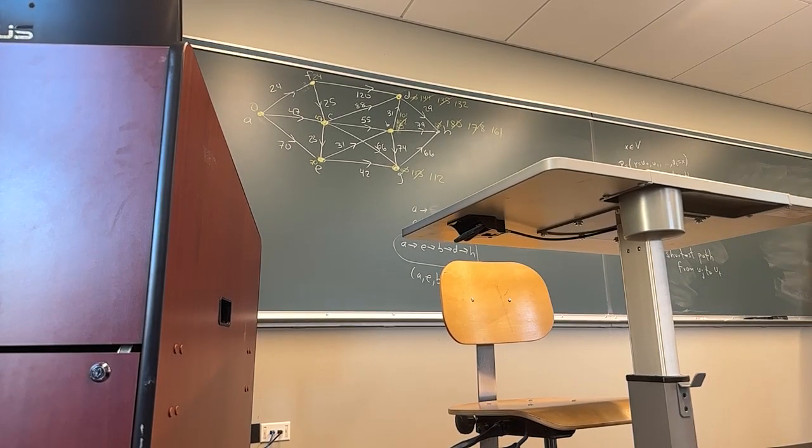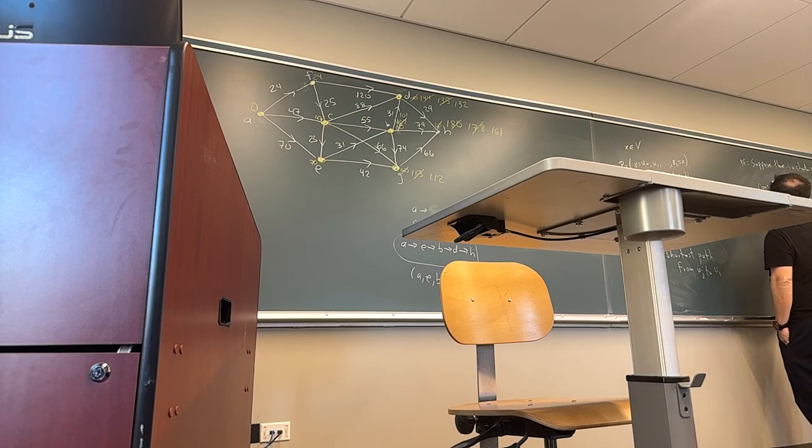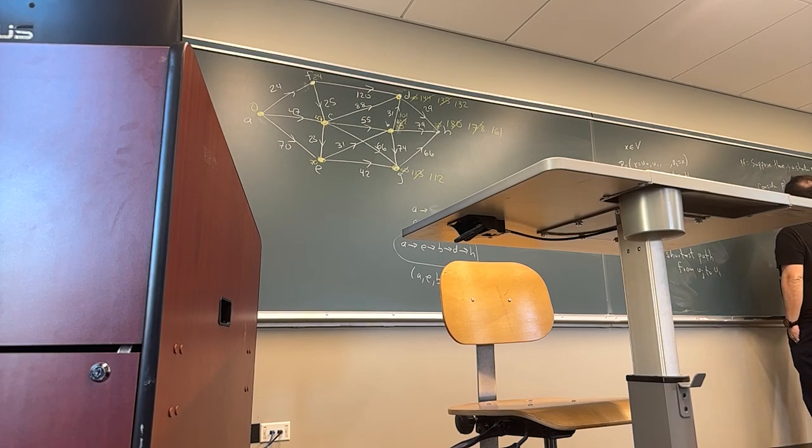Suppose, for the sake of contradiction, suppose there is a shorter path from R to Uj. Okay, so if there is a shorter path, now consider E prime being that path.